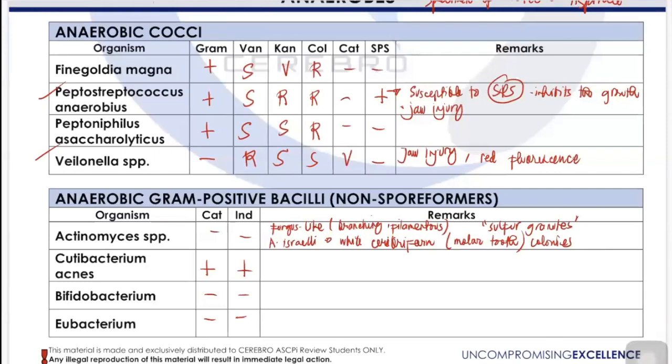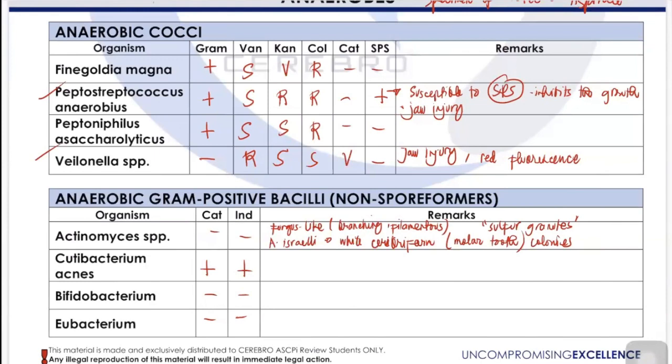However, gusto ko lang i-mention din na si Actinomyces, pwede siyang mapagkamalan na Nocardia because of course of their characteristic morphology. Nocardia kasi is also a fungus-like organism. However, to differentiate them, take note, Actinomyces are acid-fast negative. Nocardia is acid-fast positive.